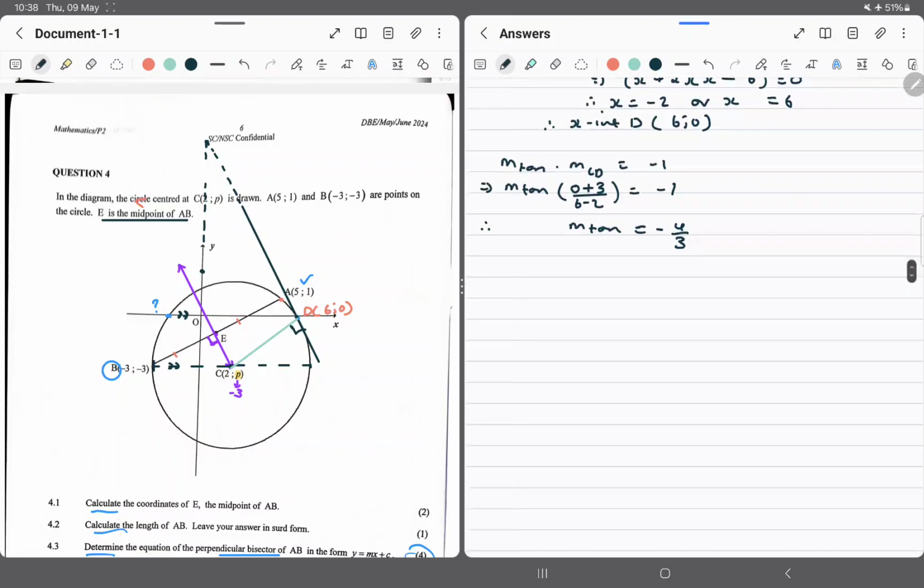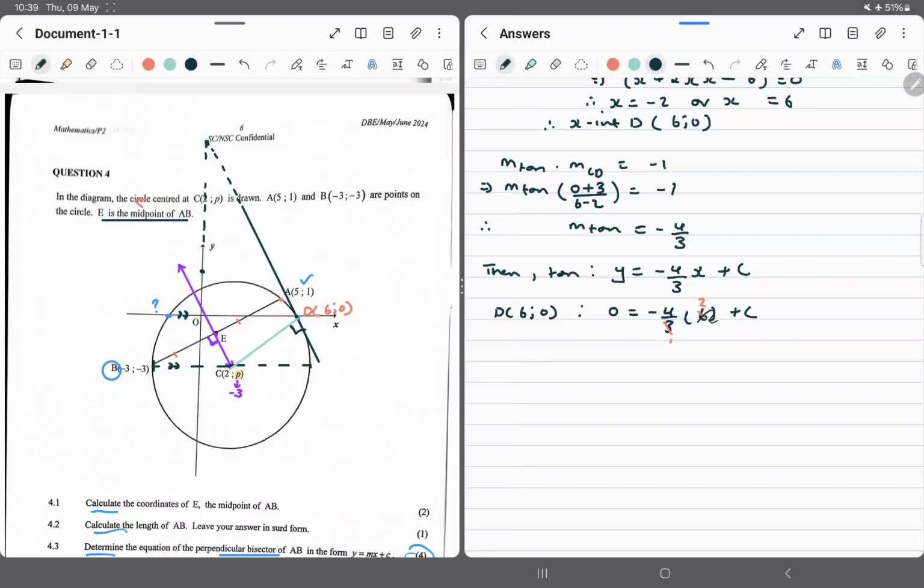Now let's see what happens when we substitute this point. Here we can say then the tangent is such that y is equal to -4 over 3 x plus c, and then we're going to say through point D, which is 6 and 0, it is such that 0 is equal to -4 over 3 into 6 plus c, and then we see that this once, twice.